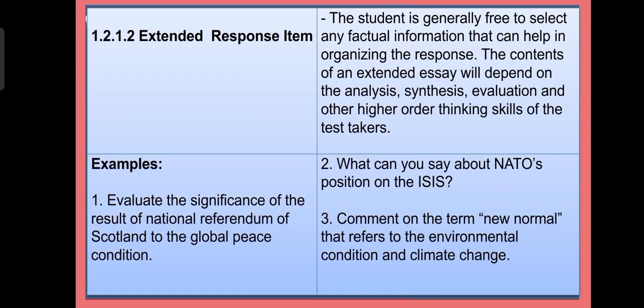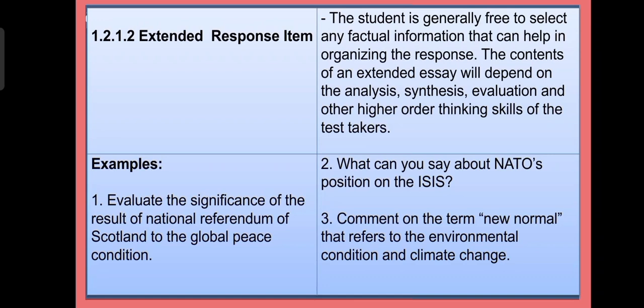It will depend on their ability to analyze, synthesize, and evaluate information using higher order thinking skills. For example, if a student is asked to evaluate the significance of the result of the national referendum of Scotland to the global peace condition, they may need to gather facts about the political situation in Scotland as well as its impact on other countries and international relations.